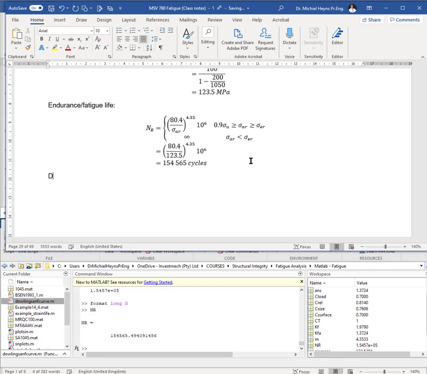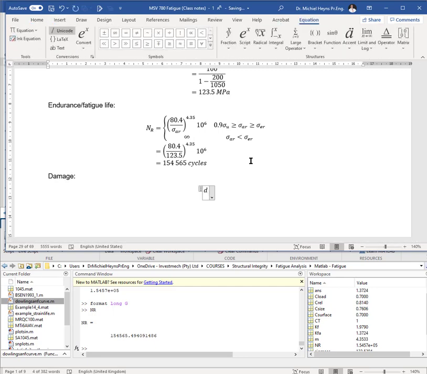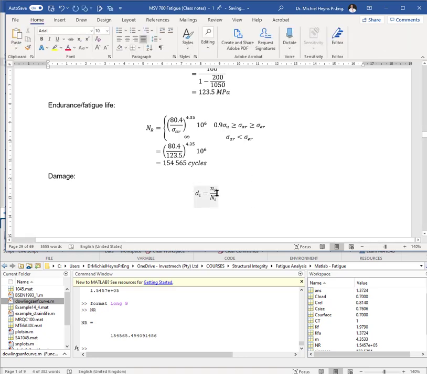The damage DI is equal to the number of cycles I divided by the fatigue life I from the SN curve for the applicable probability of survival.